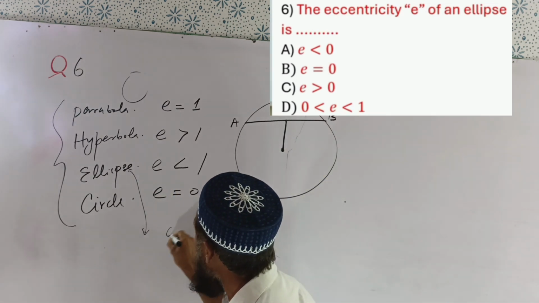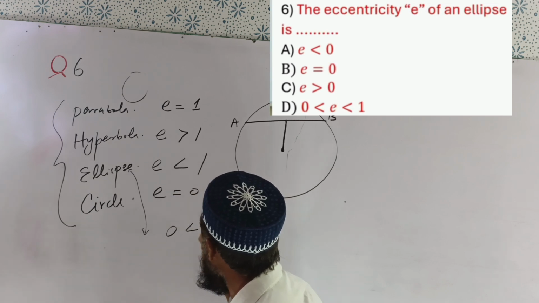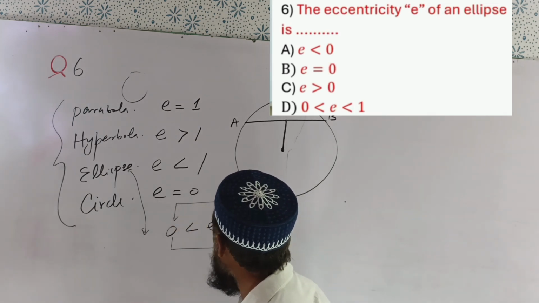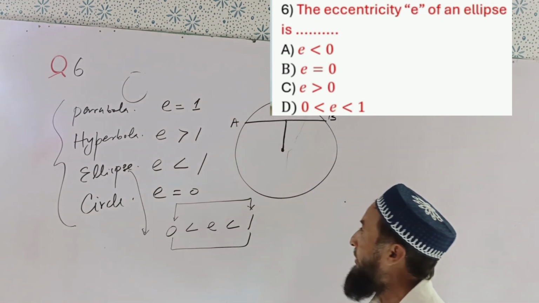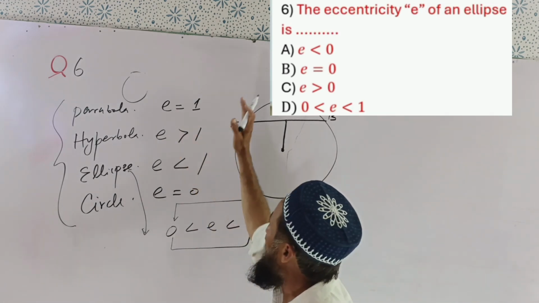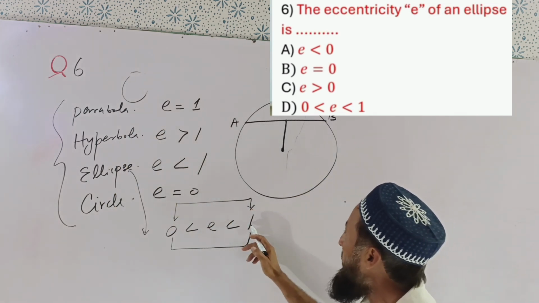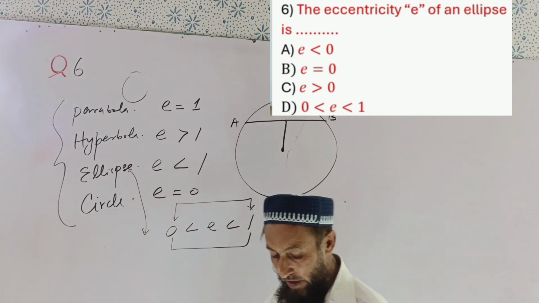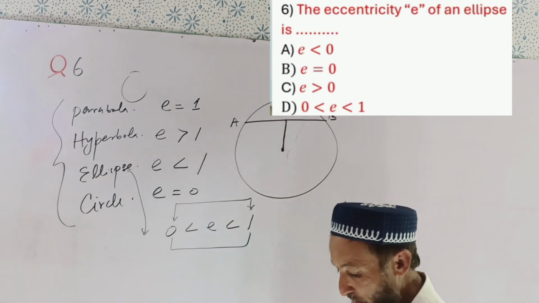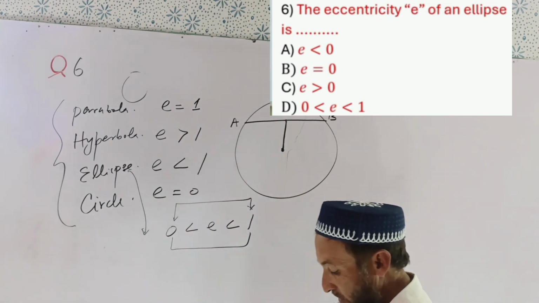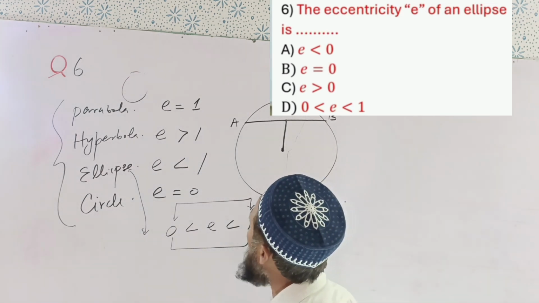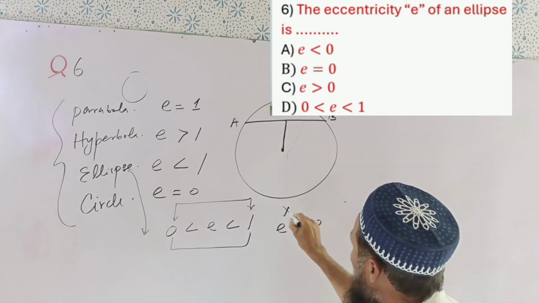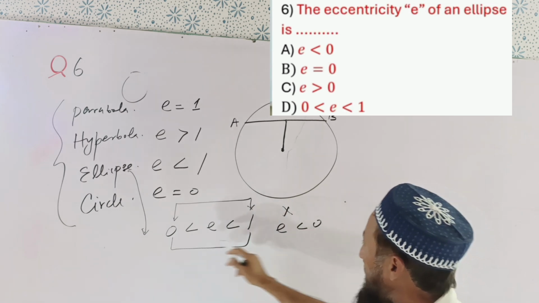So for the ellipse, E lies in this interval between the two numbers, which is valid for the ellipse. If E is greater than 1, it will be a hyperbola. If E lies between 0 and 1, that is called an ellipse. According to the condition, for the eccentricity of an ellipse, if E is less than 0, that does not satisfy the condition, because eccentricity must lie between these two terms.